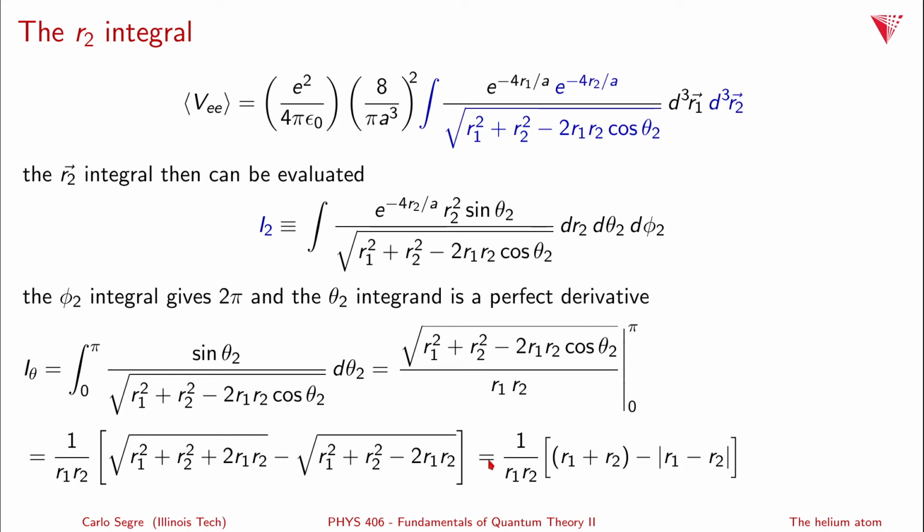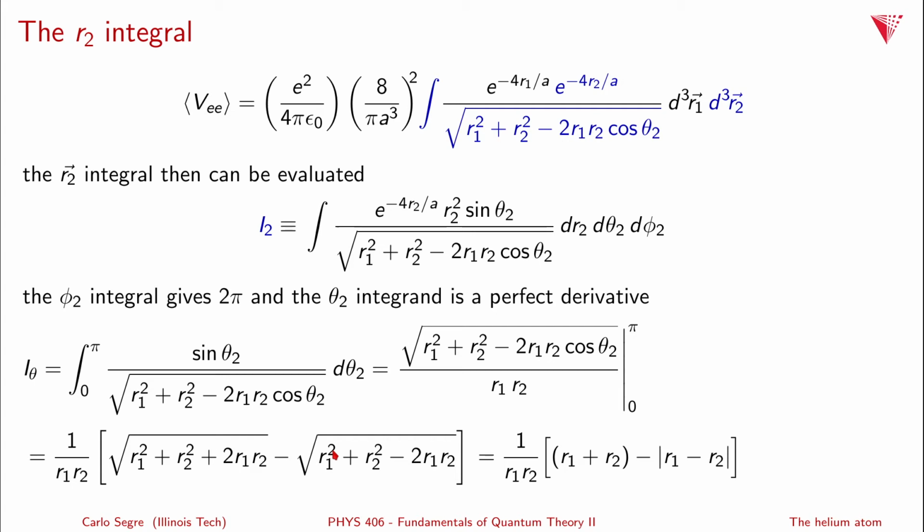Well, we can rewrite this by realizing that this is just a perfect square of r1 times r2, r1 plus r2 squared. When we take the square root, we get r1 plus r2. This one is the square root of r1 minus r2 squared.